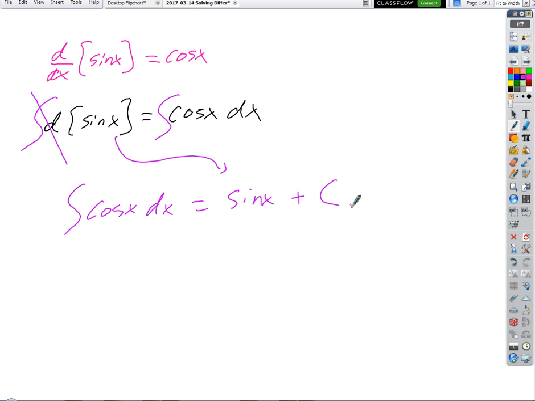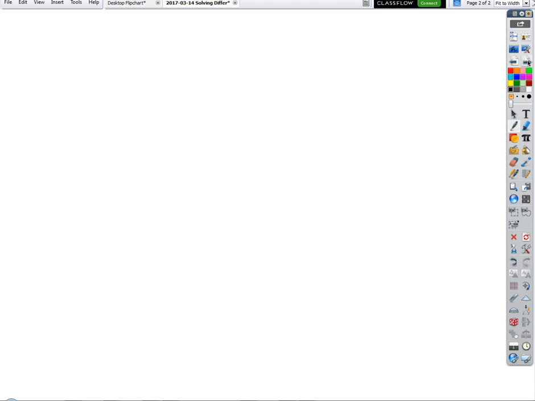So we could probably do this quicker. We know that if the derivative is cosine x, then that's the answer to the antiderivative, right? So we could take all of our derivative rules and just flip them around. So for example, you guys tell me, if we take this one, the derivative with respect to x of secant x equals what?